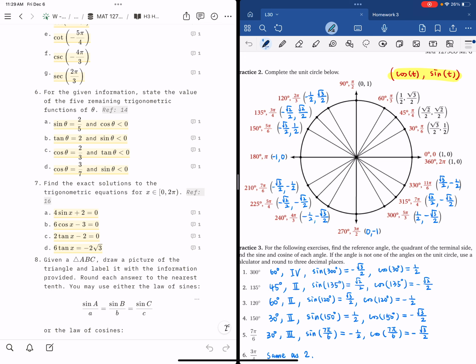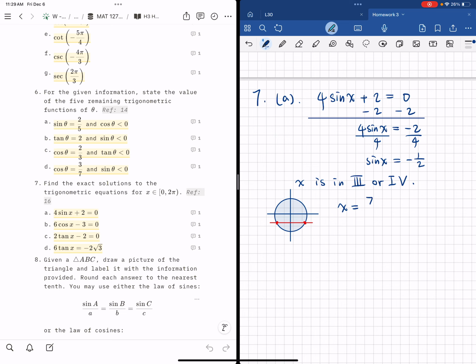I guess they want radians because the range that they gave you for x is in radians. So I'm going to use radians. It's 7 pi over 6, 11 pi over 6. And you don't need to do the plus minus k times 2 pi because our angle has to be between 0 and 2 pi.